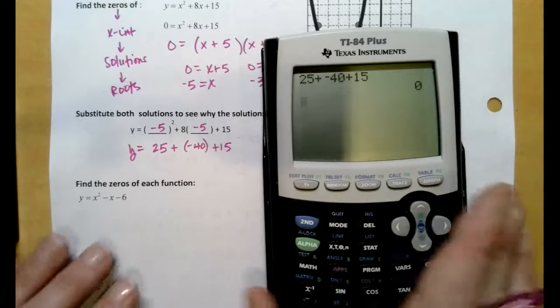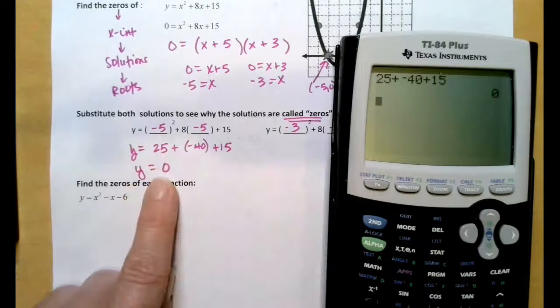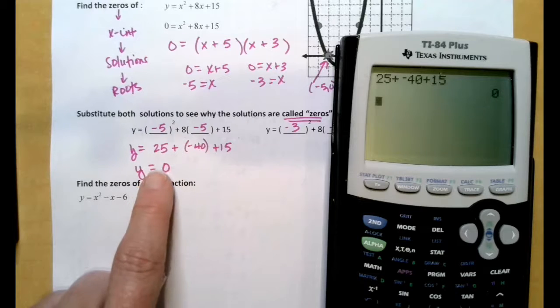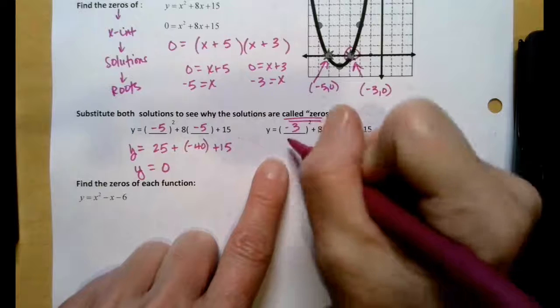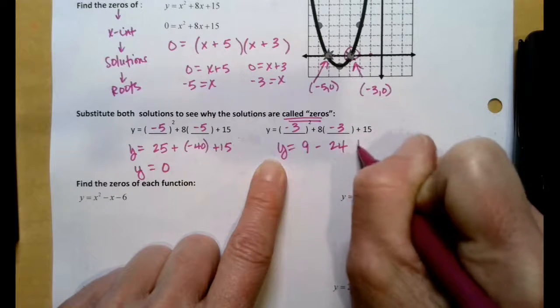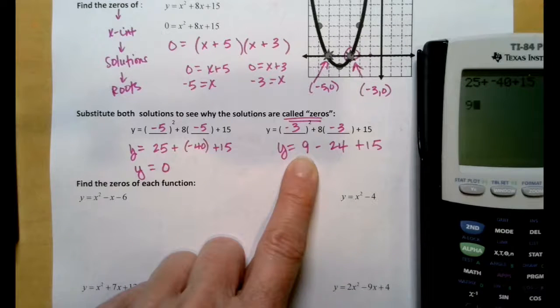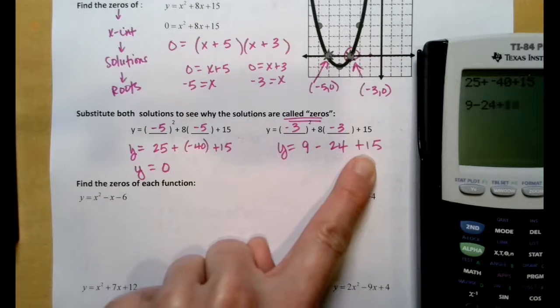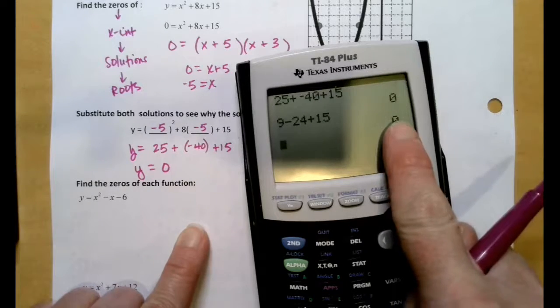No surprise, that's going to give me an output equal to 0. This input gave me an output equal to 0. But guess what? So does this one. Y is equal to 9 minus 24 plus 15. We'll go ahead and add that up again. 9 minus 24 plus 15. And guess what? We have another 0.